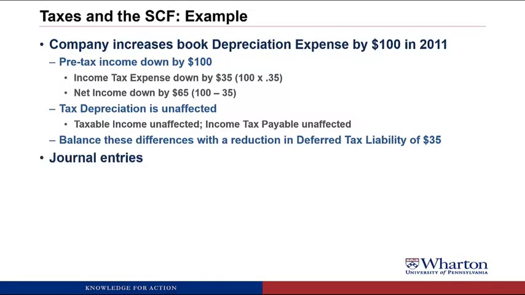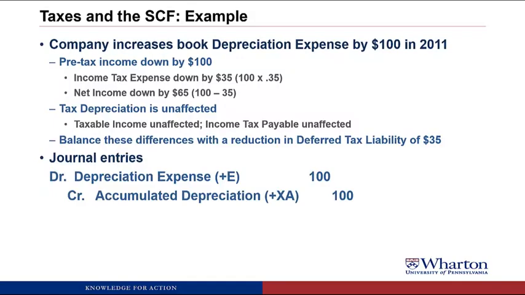So the way the journal entries would look for these changes is, first of all, we debit depreciation expense for 100 to recognize we're increasing depreciation expense. And we credit accumulated depreciation for 100 because that's where the depreciation expense is stored up over time in that contra asset. And normally up to this point in the course, we would stop here and be done. But now that we know taxes, we also have to go and do the tax journal entry.